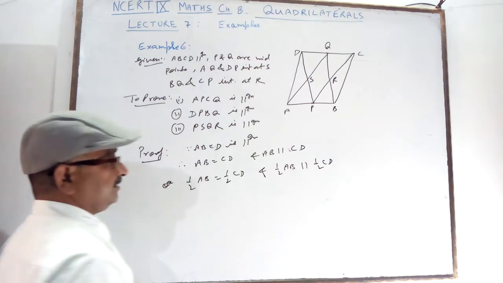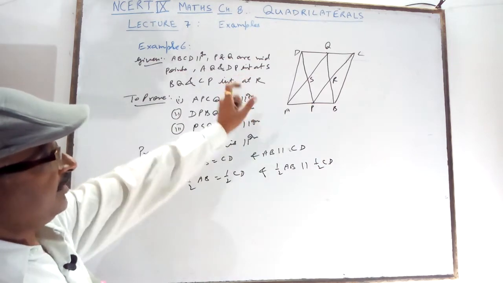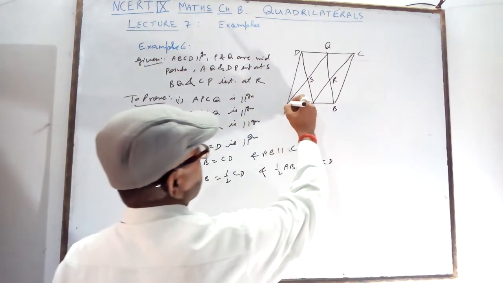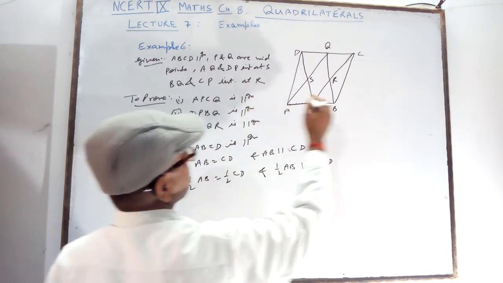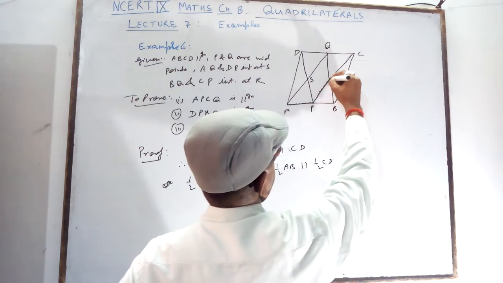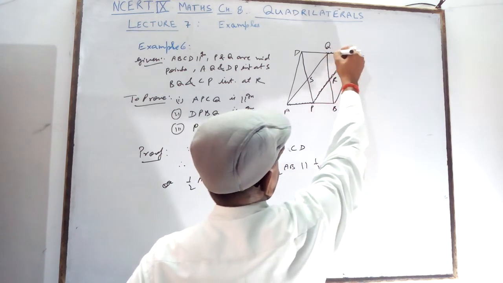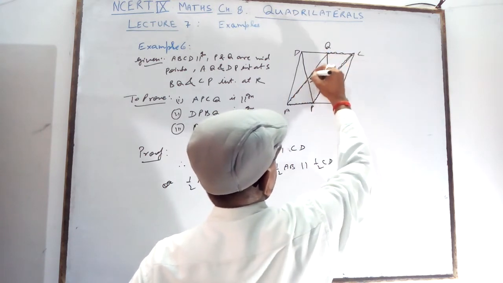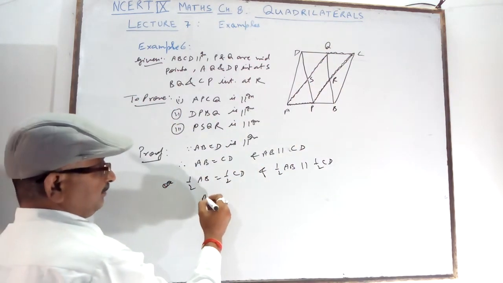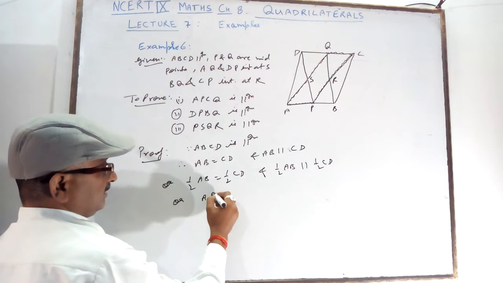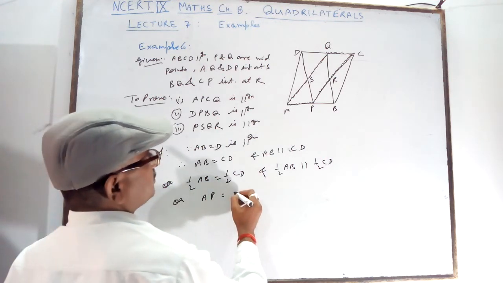To prove APCQ a parallelogram, half of AB will be AP, so you can write AP is equal to CQ.